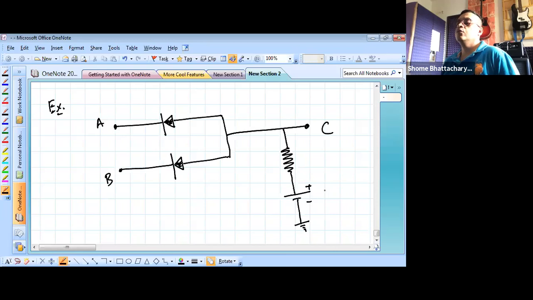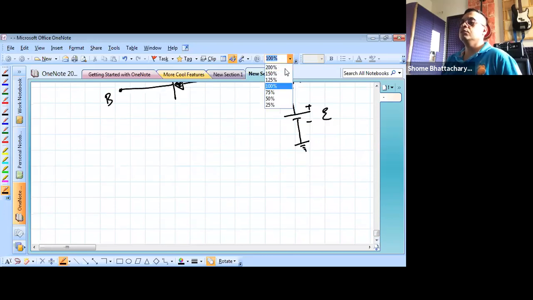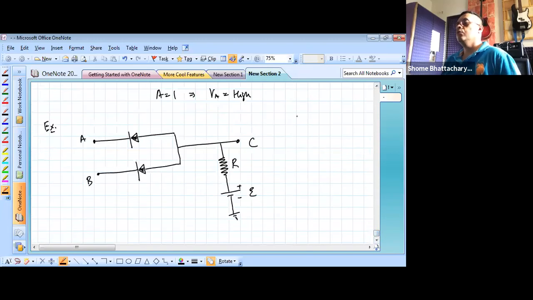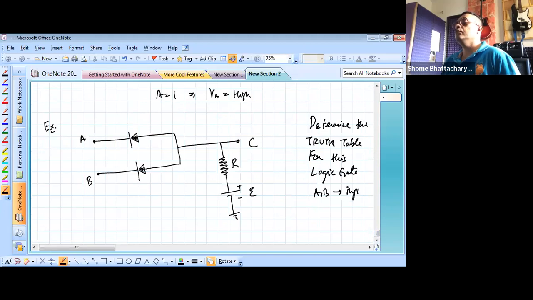Okay, so this is any voltage cell. This is any kind of resistor. Now suppose for this we want to determine the truth table for this logic gate, where A and B are input variables and C is output.